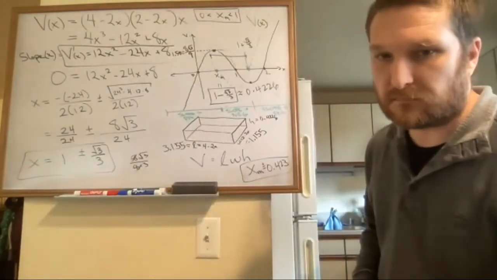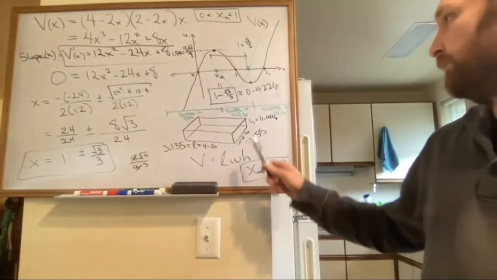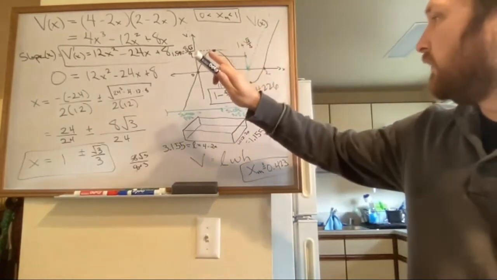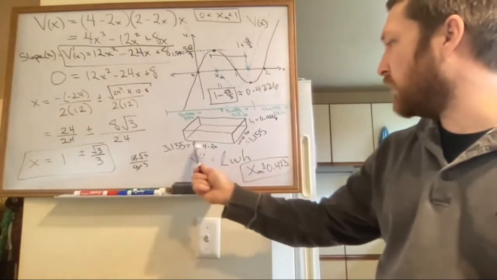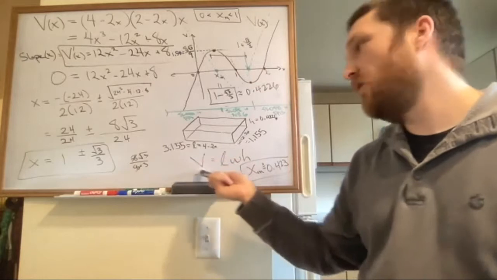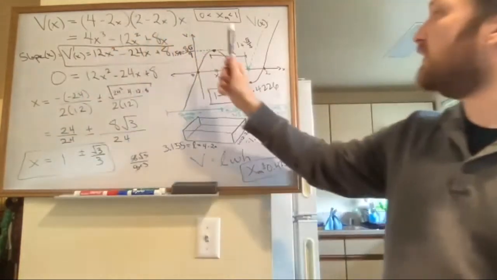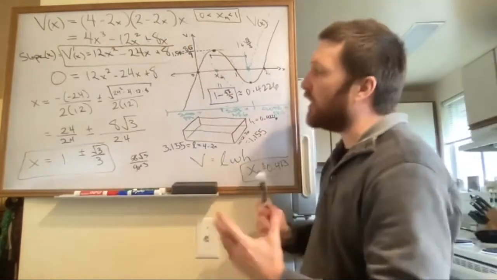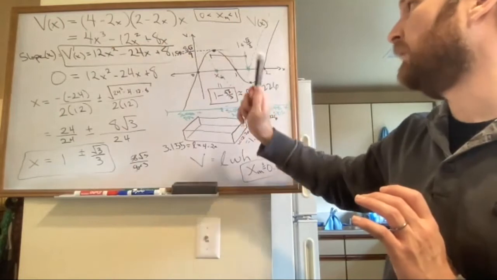Okay, let's see. We drew a picture, we got this, we turned our 3-dimensional, or 3-variable, function down into a function of 1 variable, which we graphed, and used our brains to say, wait a second, it has to be between 0 and 1, whatever that is.